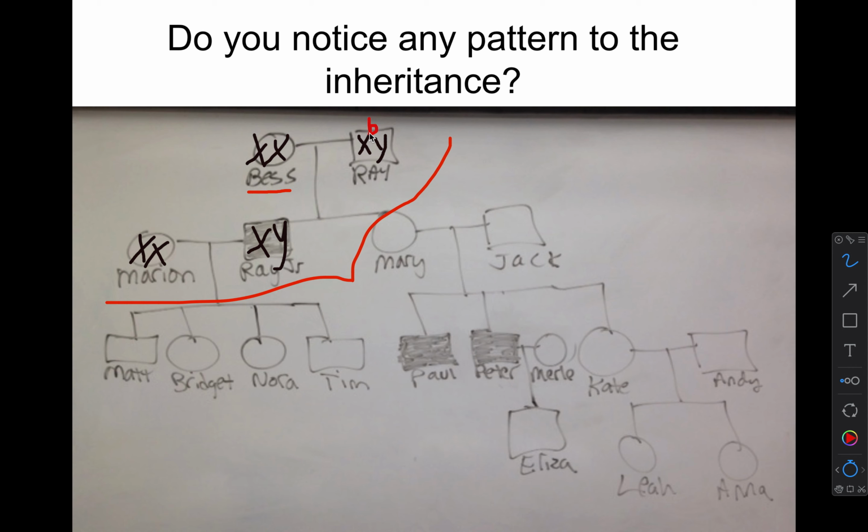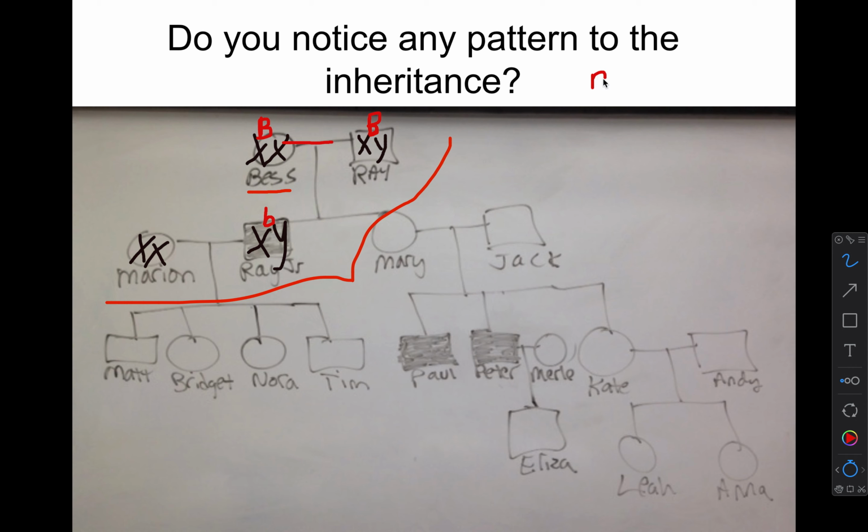We're going to assume this is color blindness just for simplicity's sake, right? But Ray Jr. does have the trait, right? Or I'm sorry, Ray doesn't have the trait, so it is a capital B. And then Ray Jr. does have the trait, which is recessive color blindness, so that's a lowercase b. So we know that because Bess doesn't have the trait visible, one of those is B, but this right here, we don't know.